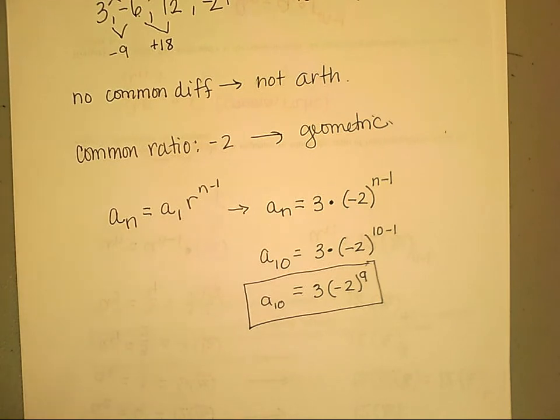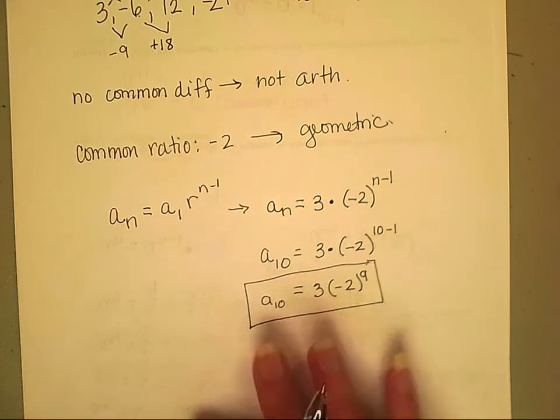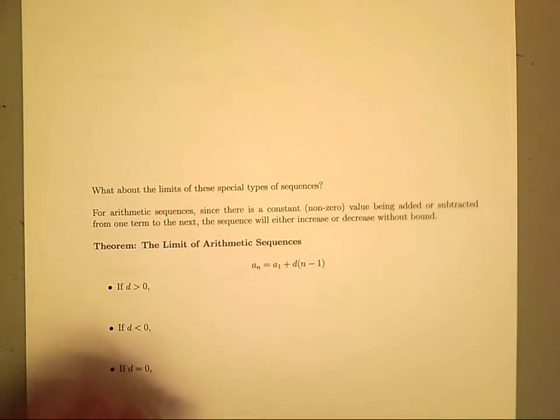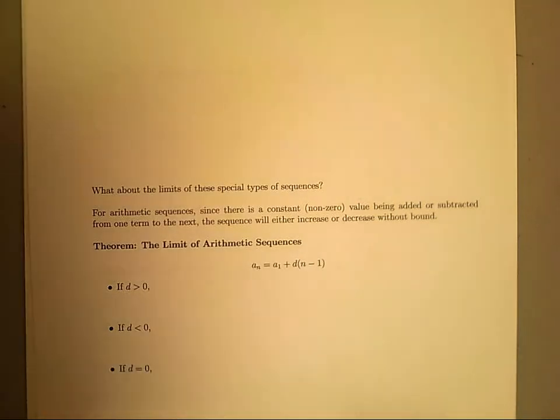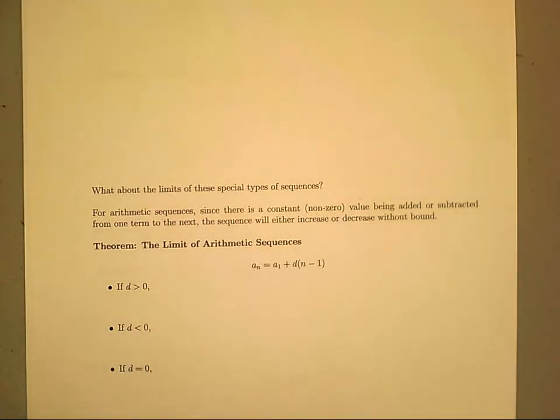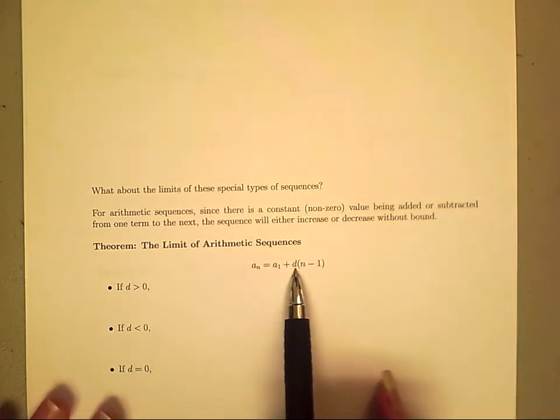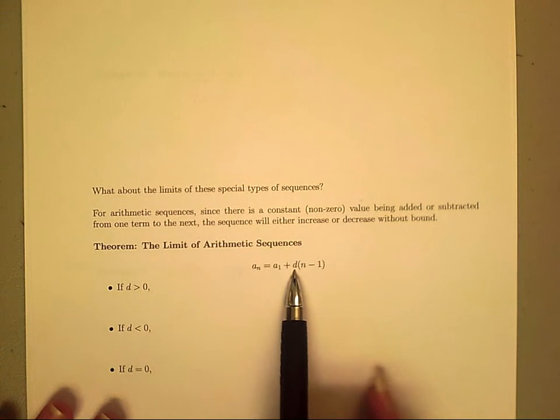So what about these limits? Let's examine the limits of the arithmetic sequences. Everything in an arithmetic sequence depends on the common difference, and that is what's going to affect these things.